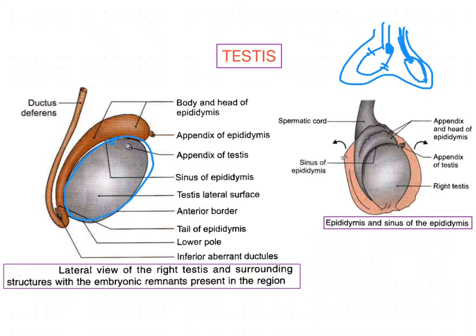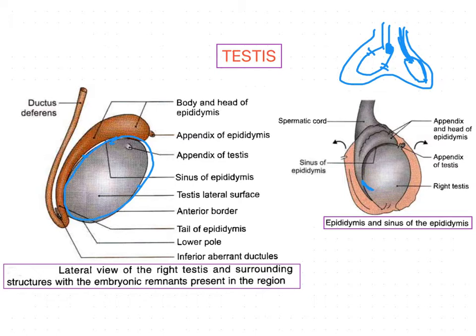It is 3.75 centimeters long and 2.5 centimeters broad from before to backwards, and it has a thickness of 1.8 centimeters from side to side. An adult testis weighs about 10 to 15 grams.